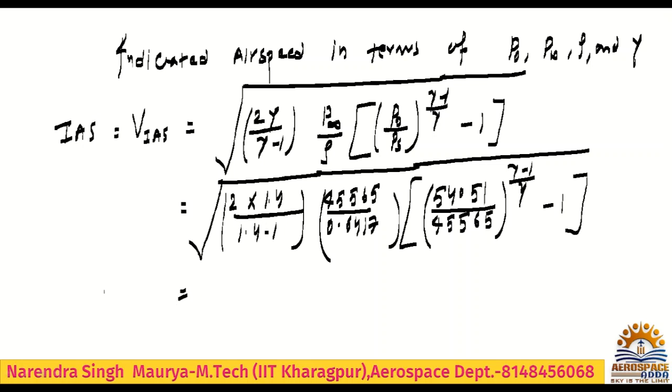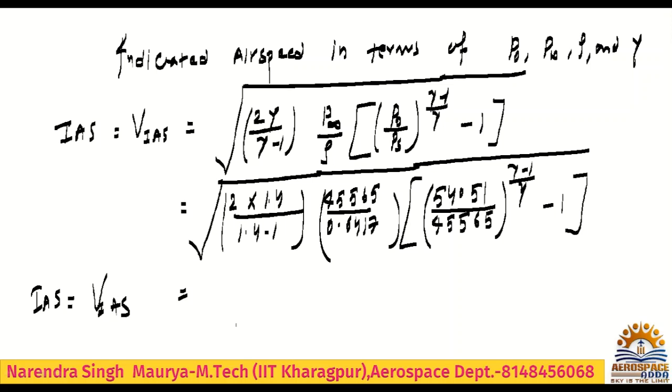Okay, keep all the values in the calculator. This is nothing but 54051 divided by 45565, to the whole power gamma minus 1 by gamma, that is 0.4 in bracket, 0.4 divided by 1.4.